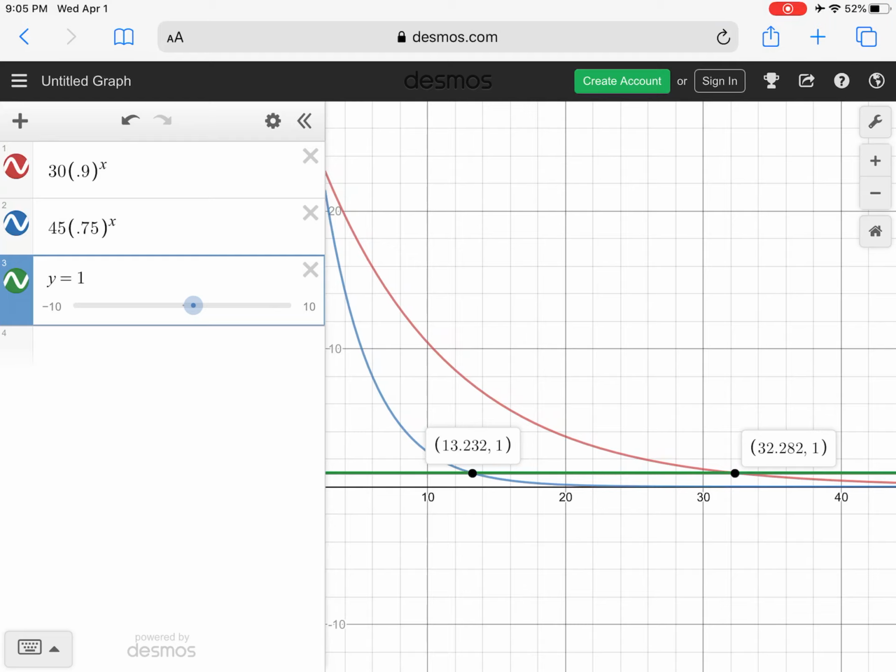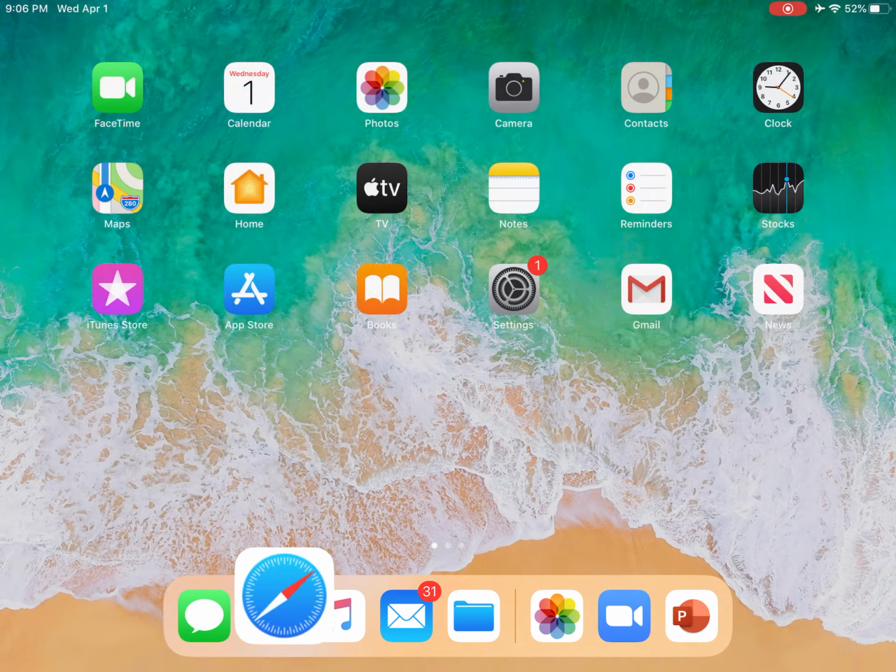So specifically, the district that will reach 1 pound first is going to be District 2, which is represented by this blue curve. They will reach it after 13.232 days. So after 14 days, they will have been under 1 pound of food. For District 12, it will take them nearly 33 days to be under 1 pound of food.